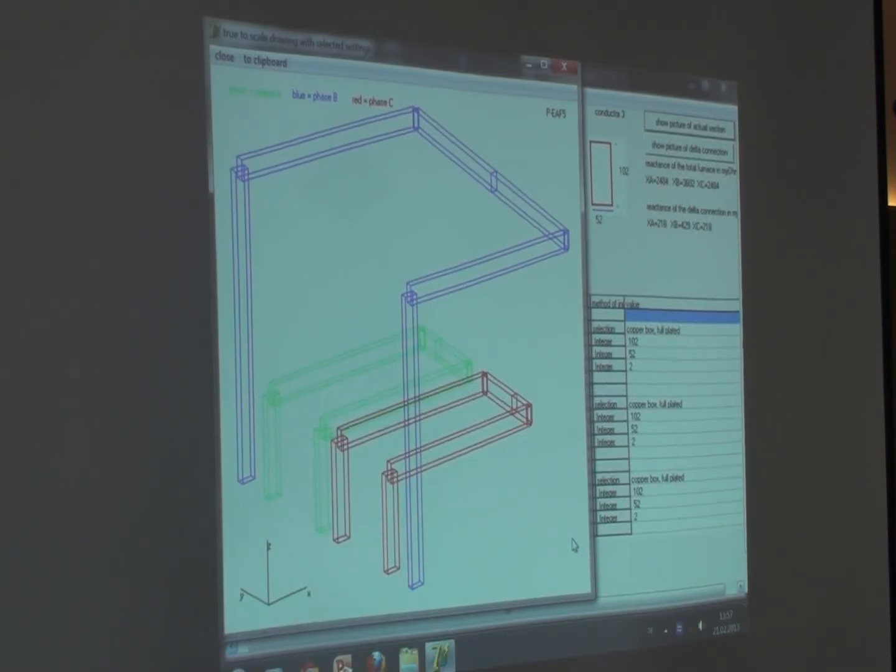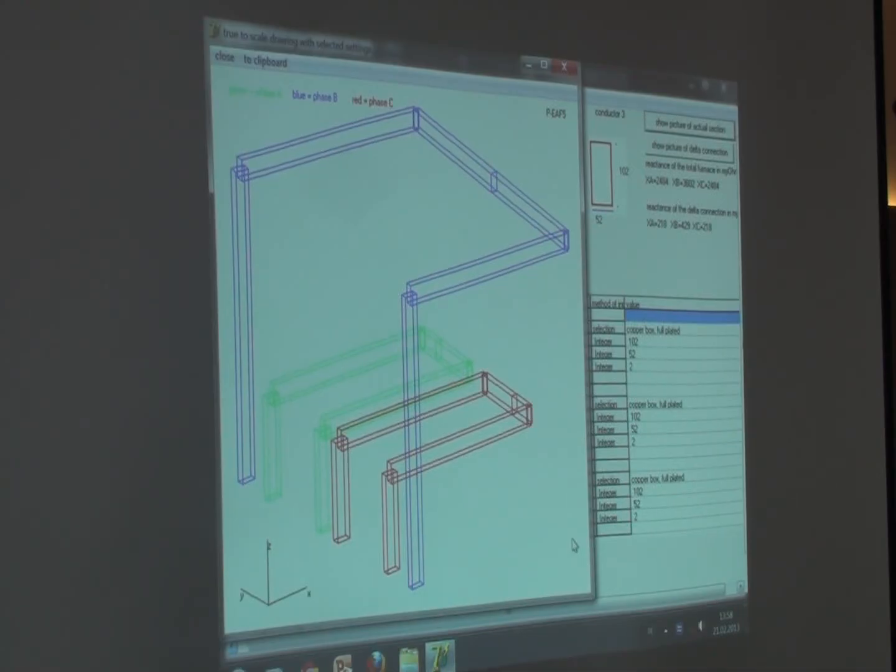Now we check if this solution is good or not. We first must think about the currents.